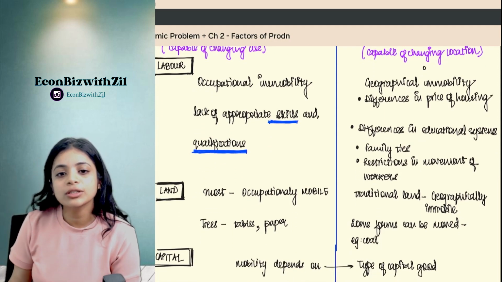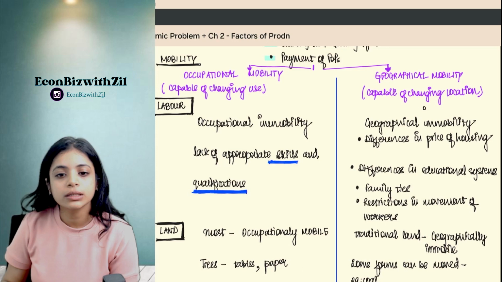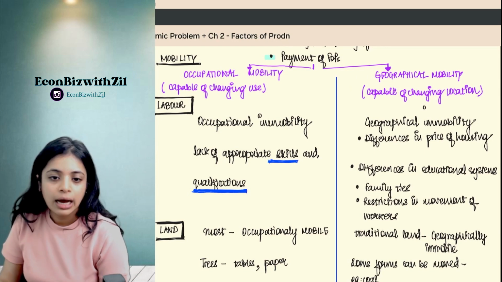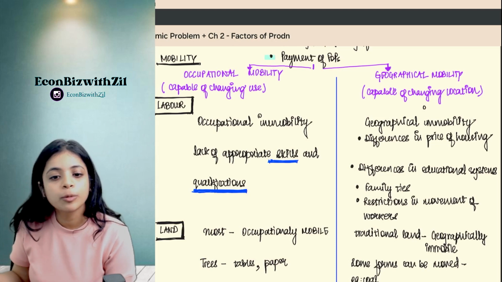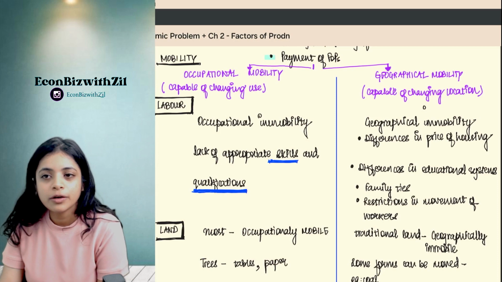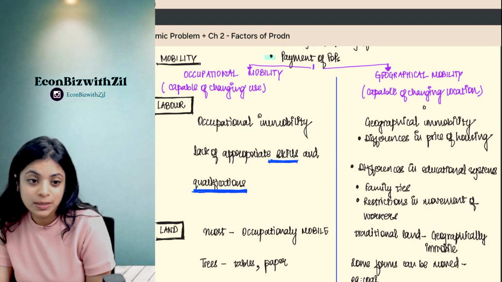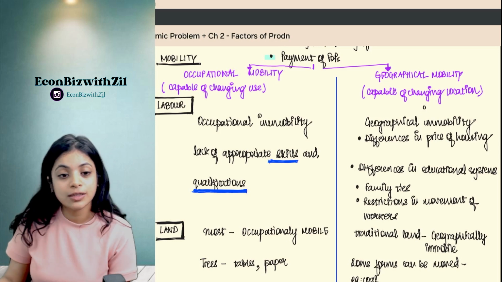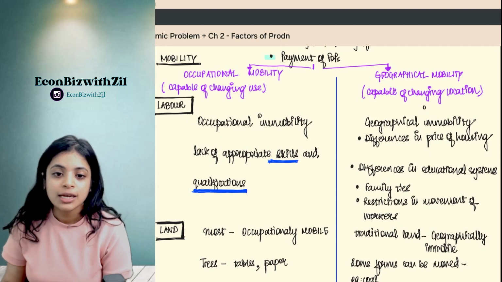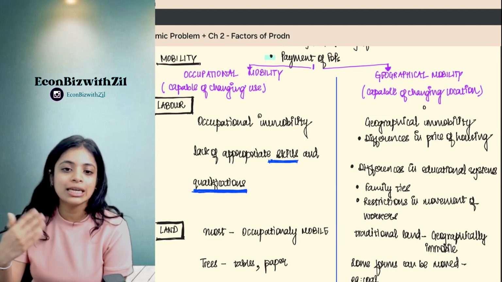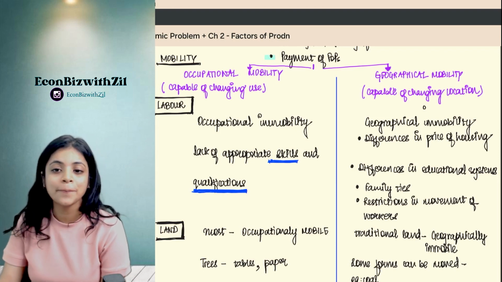For labor, there's occupational immobility, mainly because there's a lack of appropriate skills and qualifications. For example, someone who is a physiotherapist may not be able to teach economics, maybe because they're not qualified to teach economics. That's lack of appropriate skills and qualifications, which leads to occupational immobility.